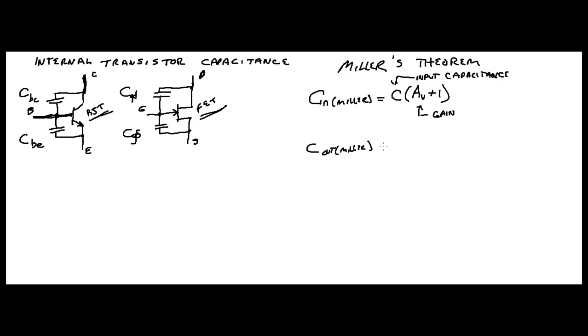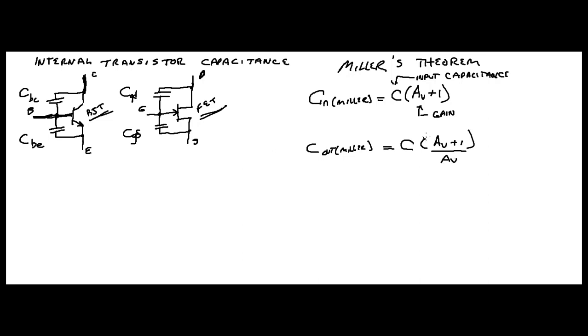And that's going to equal something similar, but not exactly the same. So this is going to equal C out times AV plus 1 divided by AV.